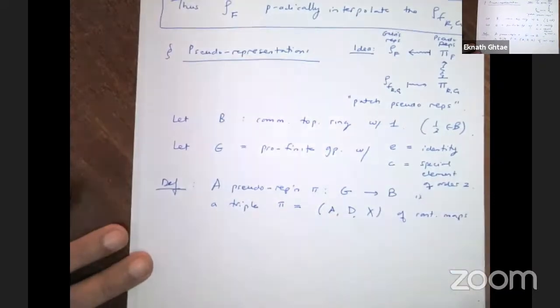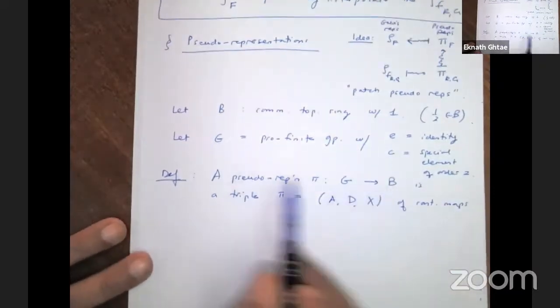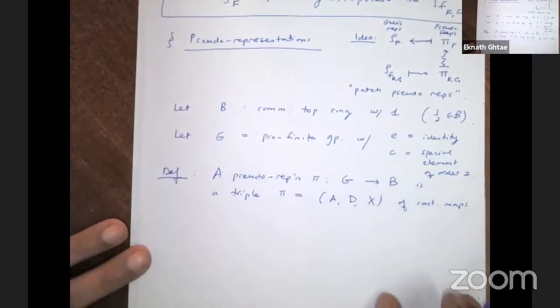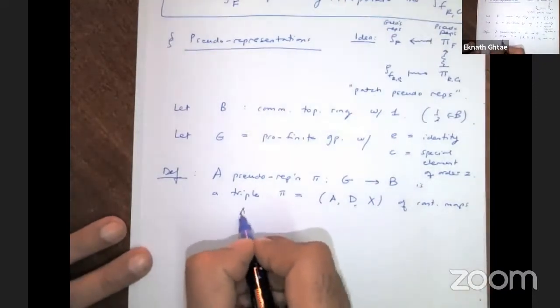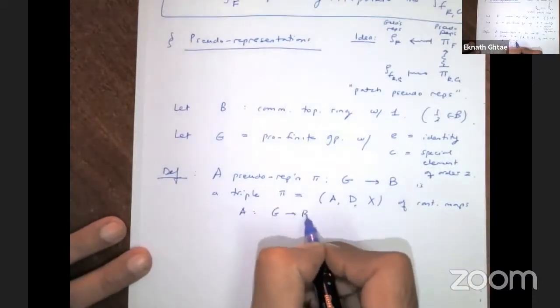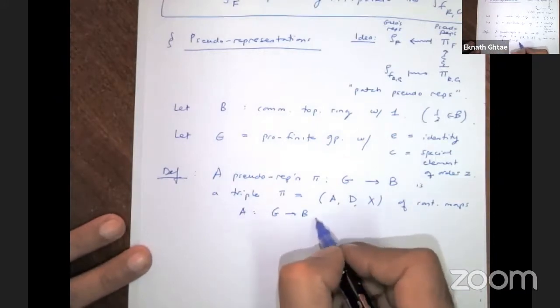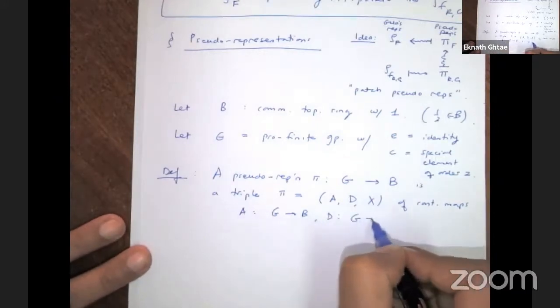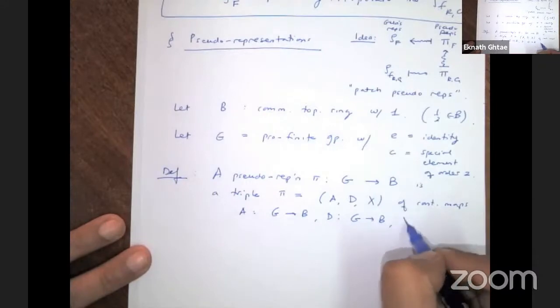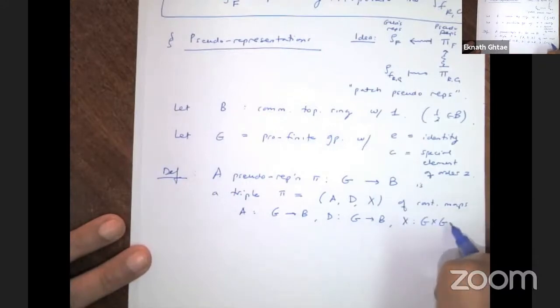Notice G has a topology, it's profinite, and B is a topological ring, so they both have topology. Continuous maps: A from G to B, D from G to B, and X from G cross G to B.